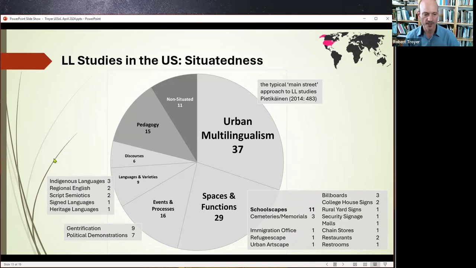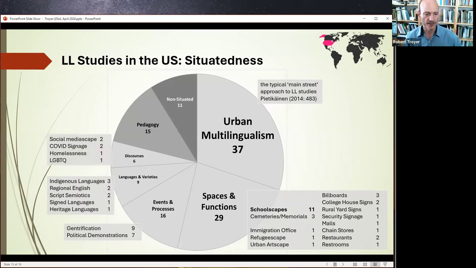Regional Englishes, which I mentioned, dialects of English that are local to a specific area. Some articles focusing on script semiotics, so the presence of Chinese characters on signage. Sign languages, an article that hopefully I can talk about later, about the role of ASL, American Sign Language, and sign languages in general, needing to be included in studies of the linguistic landscape, and then focus on heritage languages.